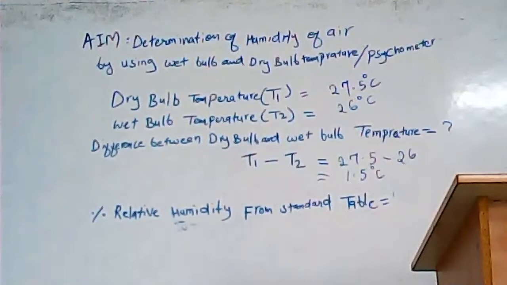So the difference between dry bulb and wet bulb temperature is 1.5 degrees Celsius. Now we can calculate relative humidity from this difference by using a standard chart or standard humidity table. ठीक है?